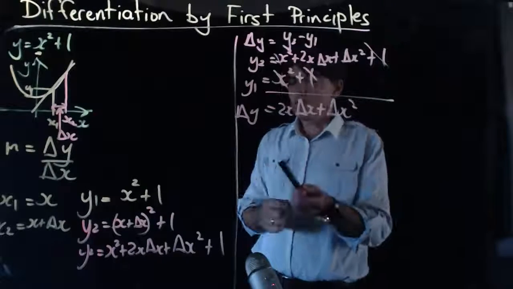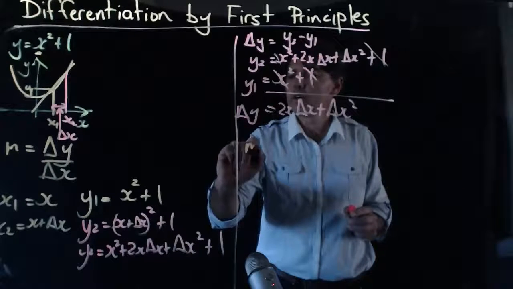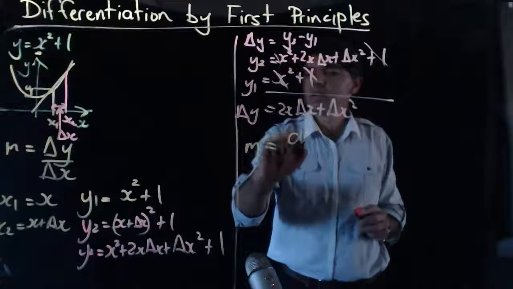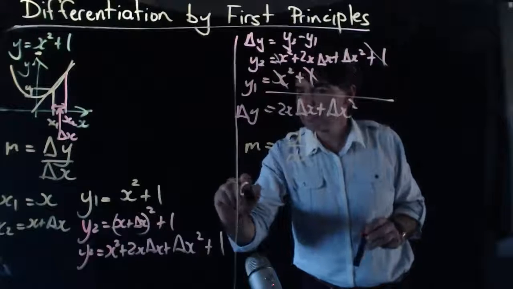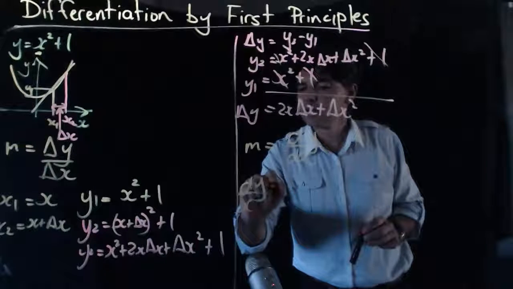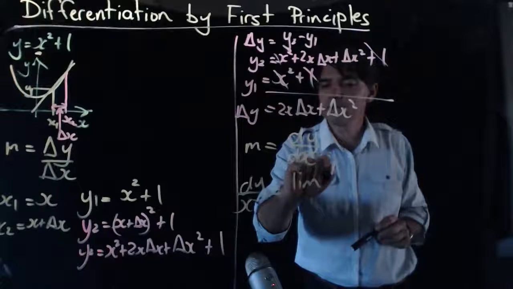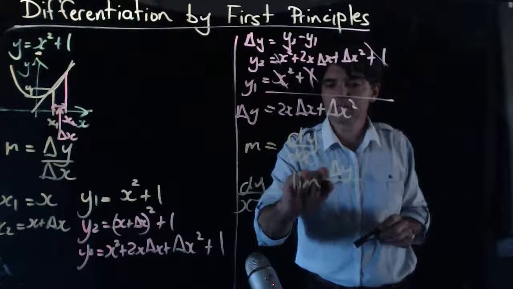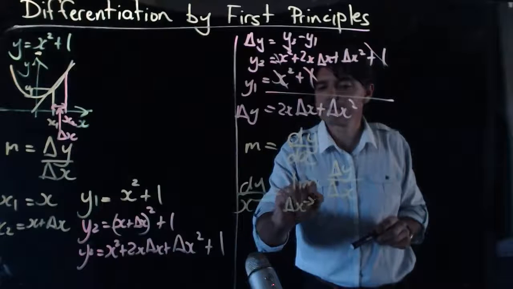But remember, we wanted not just to find the gradient, we wanted to find an equation for the gradient. We call that equation dy of dx, the derivative. So dy of dx is equal to the limit of delta y over delta x as delta x approaches 0.